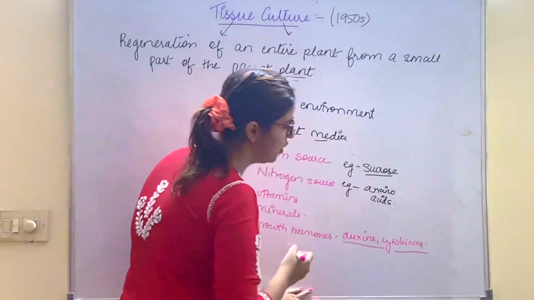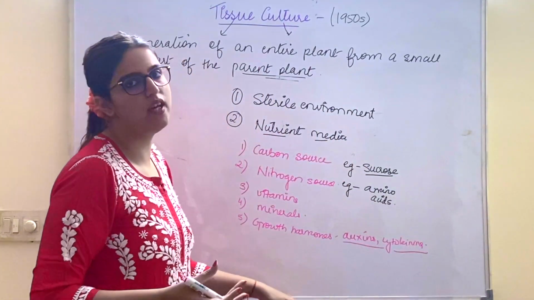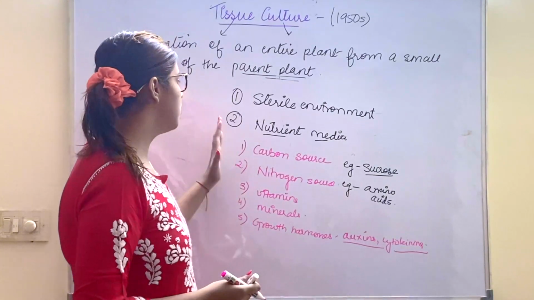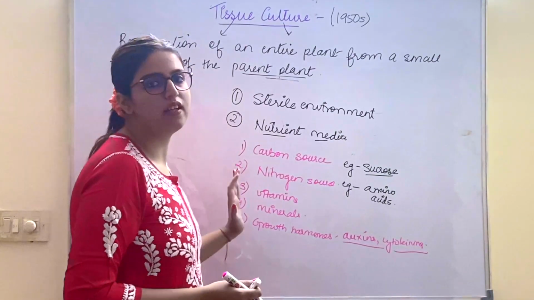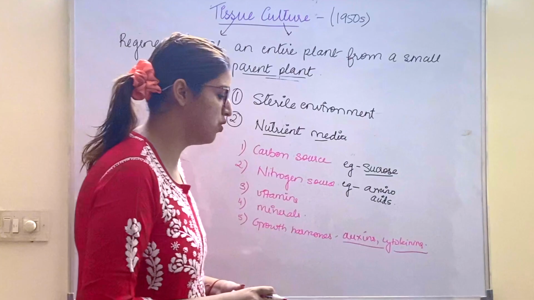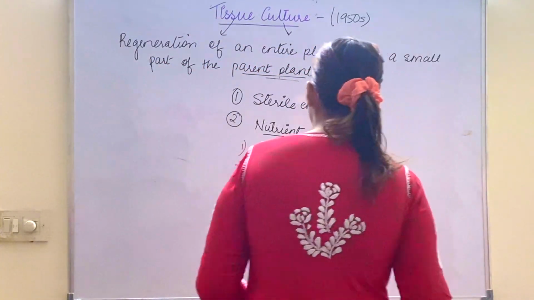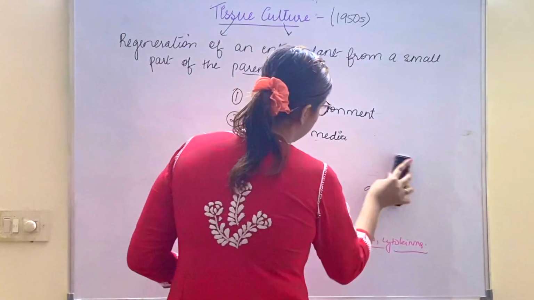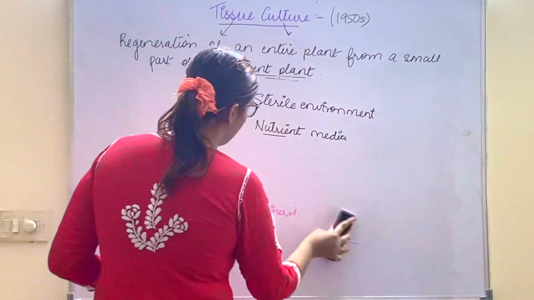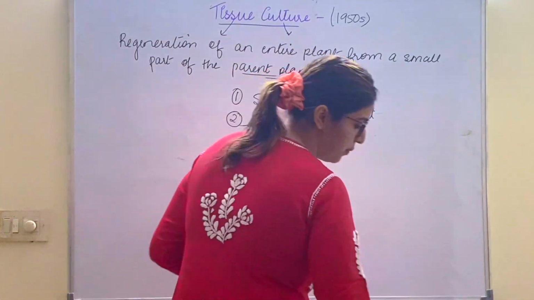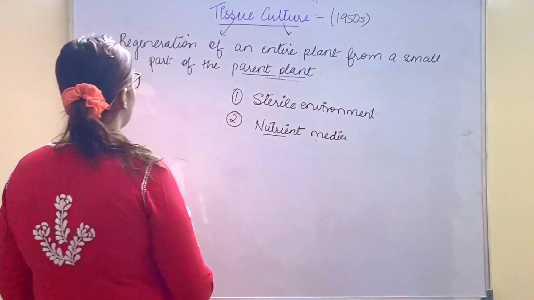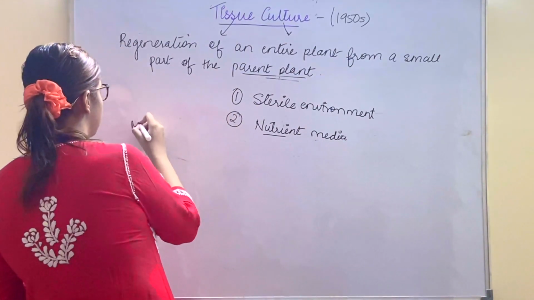This is going to help my cell form roots and shoots. So this is the nutrient media that I require for tissue culture. Tissue culture is also called micropropagation.